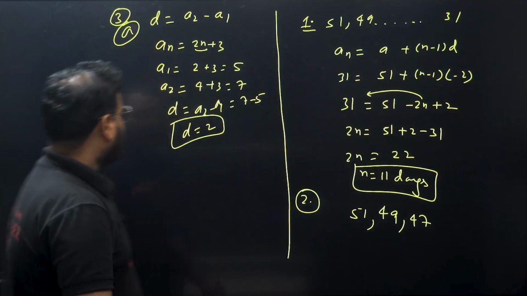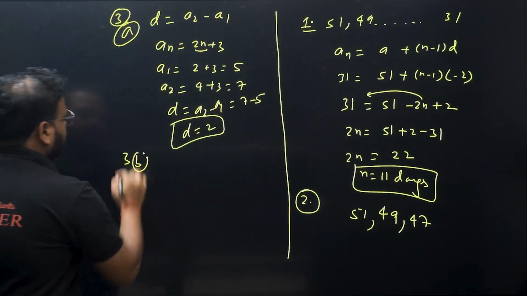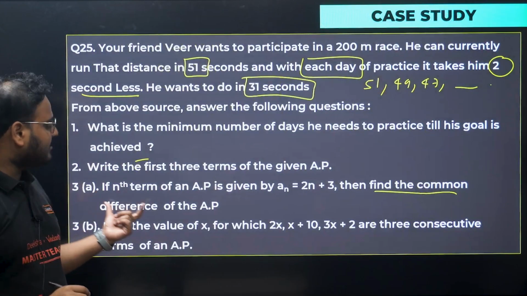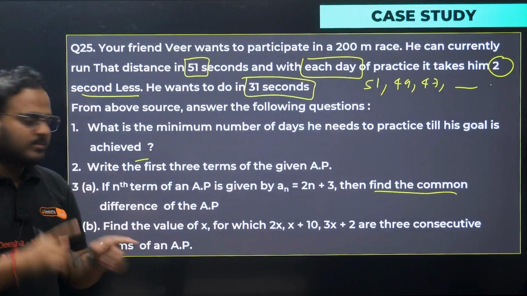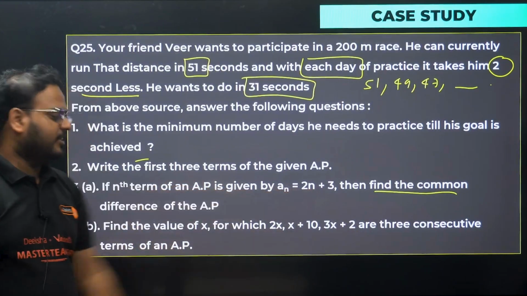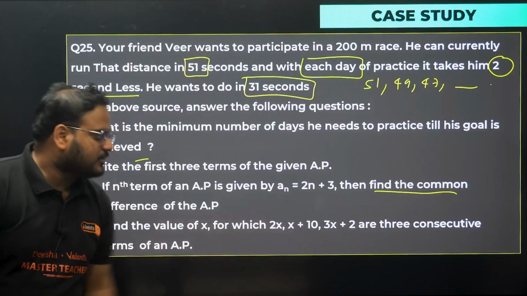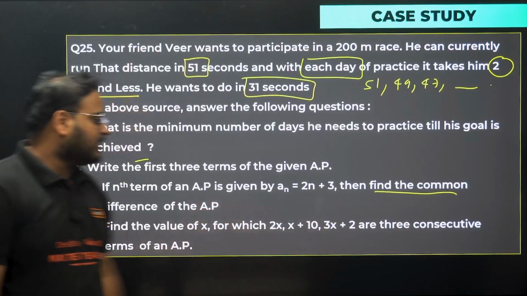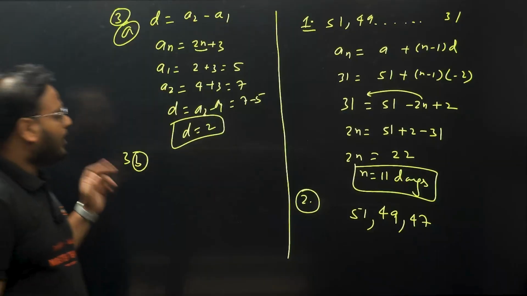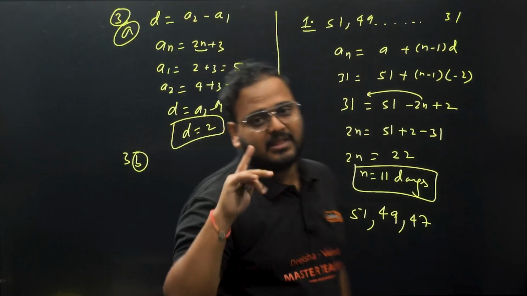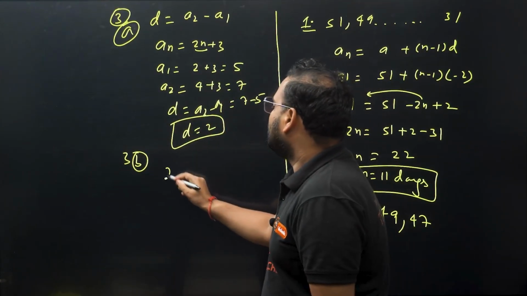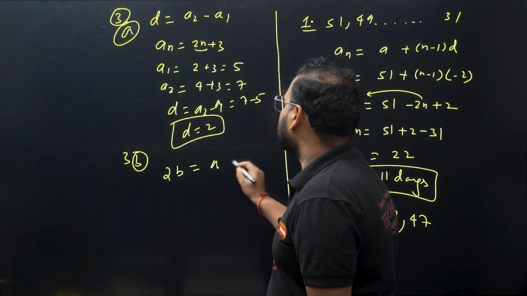Please check. I'm going to start with part 3B now. Part A was asking about the common difference when the nth term is given in linear form. Okay. Find the value of x for which the given expressions are consecutive terms of an AP. Remember this form, 2b equals a plus c.